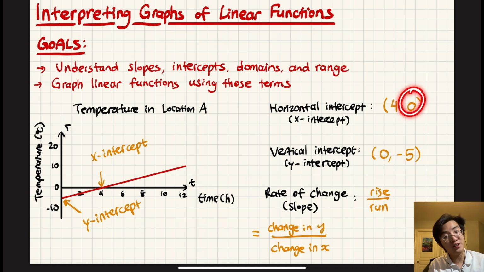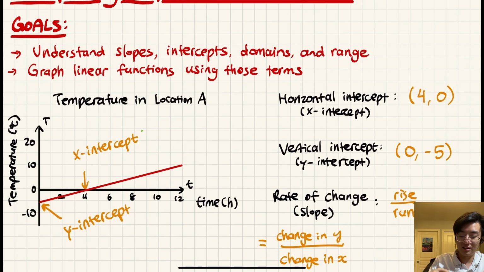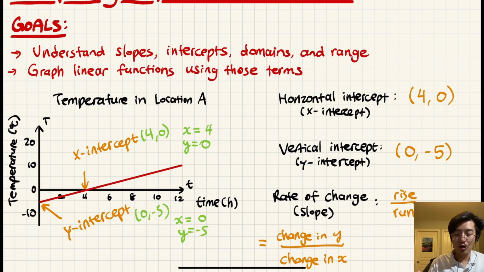Those 2 are very easy to work with because we have a 0 in each of them, which means there isn't a lot of calculation we have to do. We just have to put it in a fraction. So the x-intercept is (4, 0) and the y-intercept is (0, negative 5). At the x-intercept, x equals 4 while y equals 0, and at the y-intercept, x equals 0 while y equals negative 5.